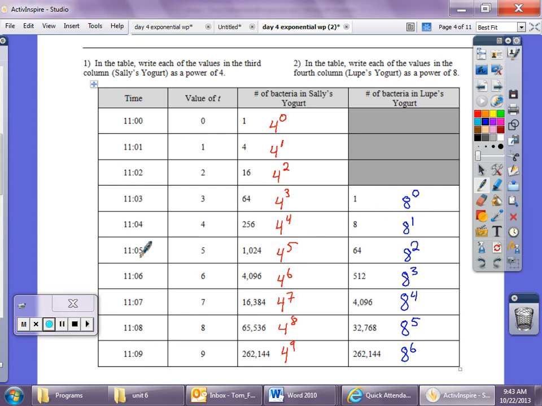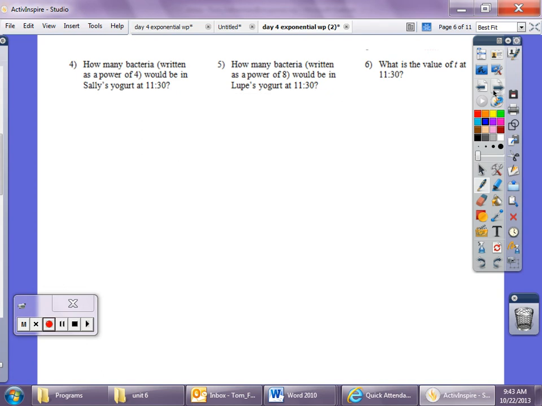So if you notice that pattern, 5 and 5, 6 and 6, 7 and 7, 8 and 8, 9 and 9, 11:30 will give us 4 to the power of 30.